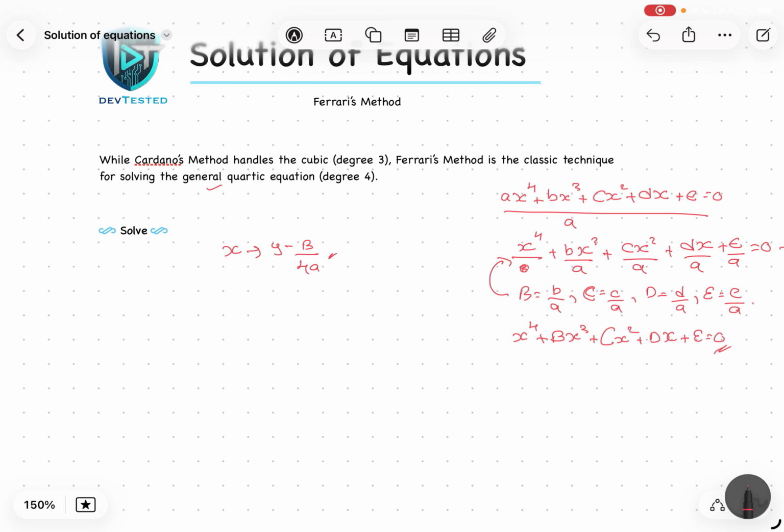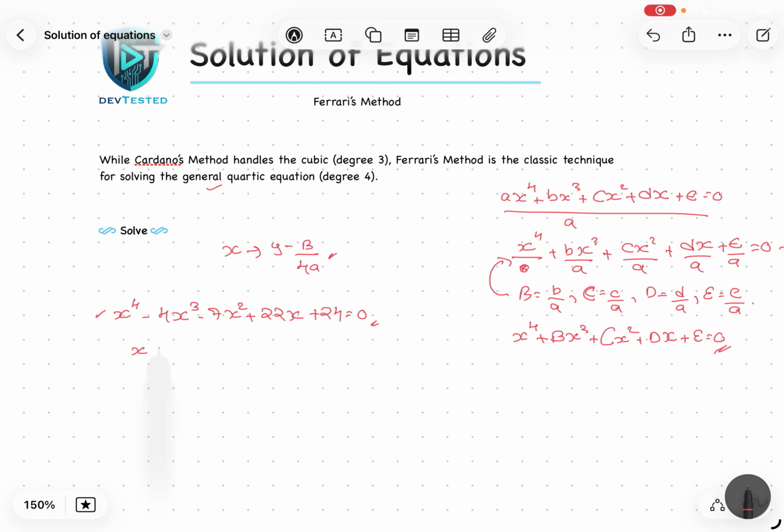Consider an equation x^4 - 4x^3 - 7x^2 + 22x + 24 = 0. As this is already monic, there is no need of division. But let's make it into a depressed quartic by removing x^3.